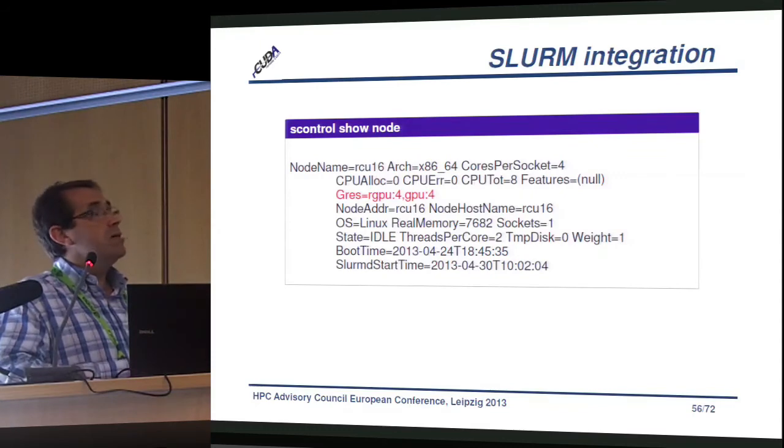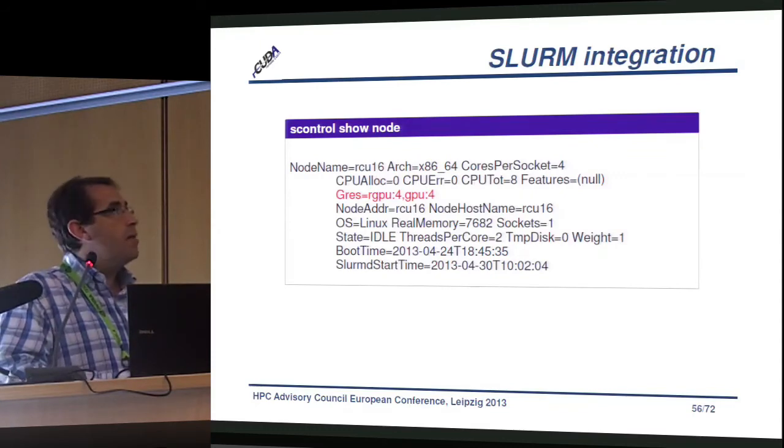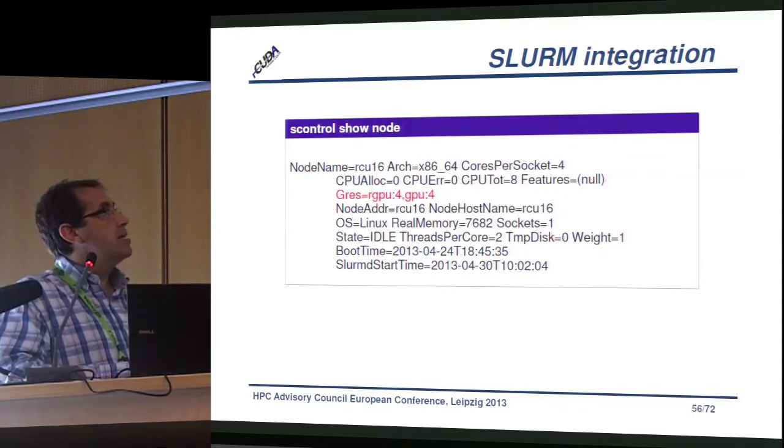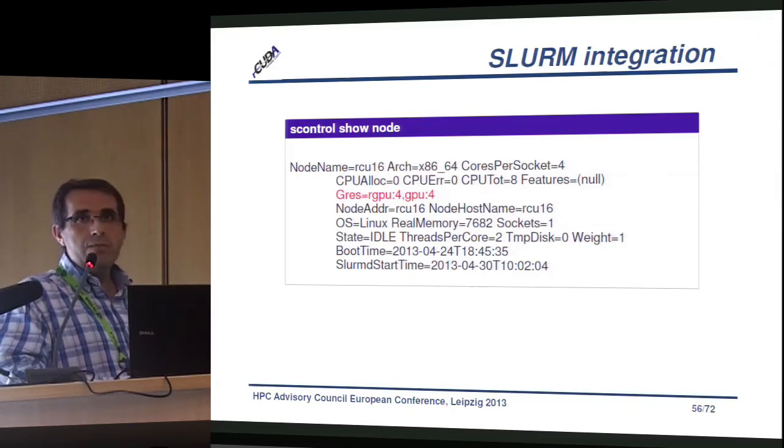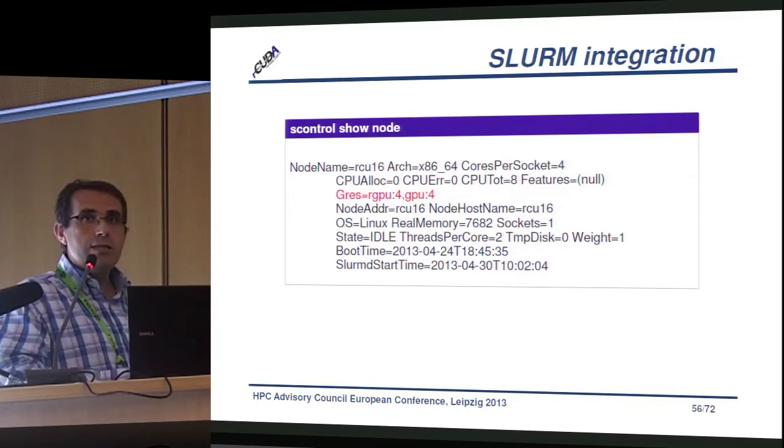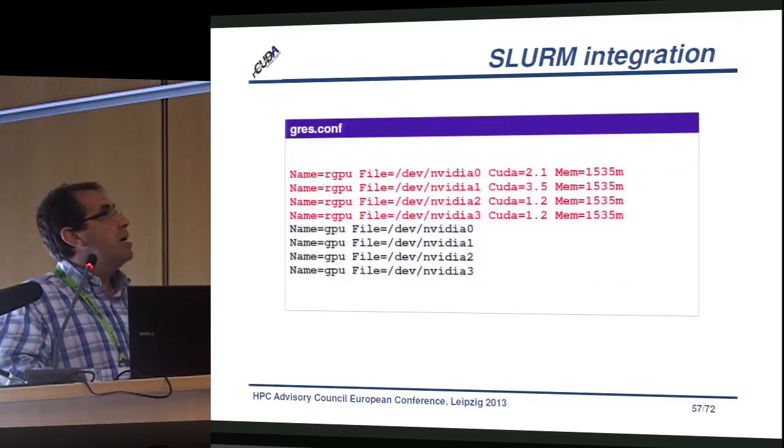Then, if we check the behavior of SLURM, we can send a control command, and this control command tells us that SLURM understands a new resource that is a remote GPU. In the configuration file for the nodes, we have to specify the remote GPUs we want to use in each node with GPUs.